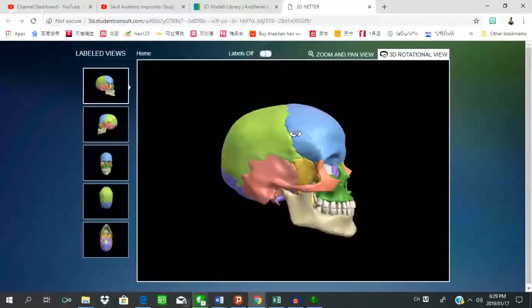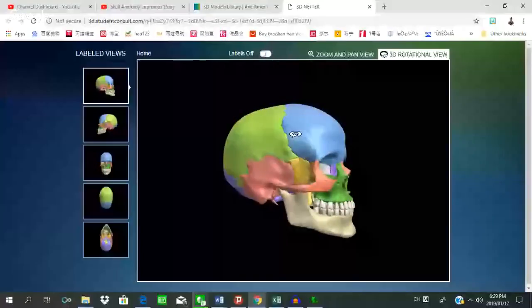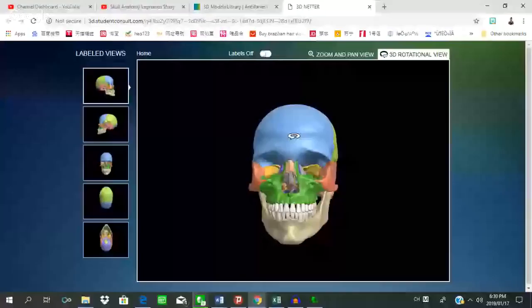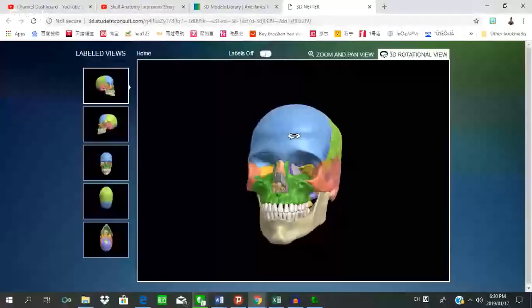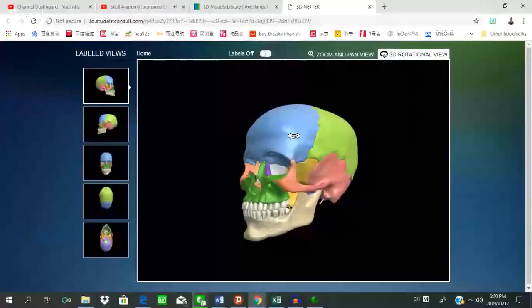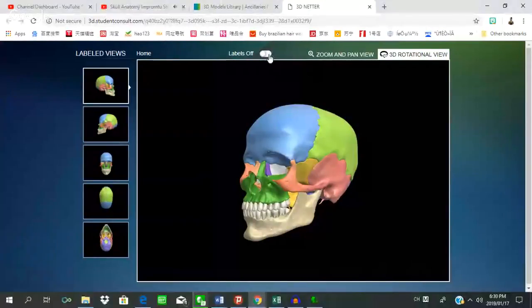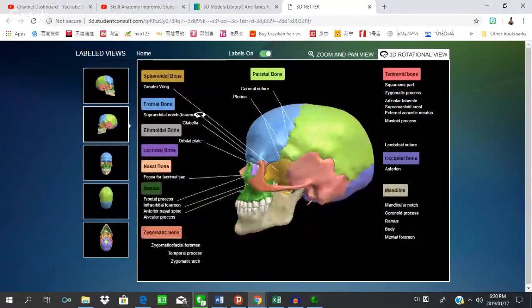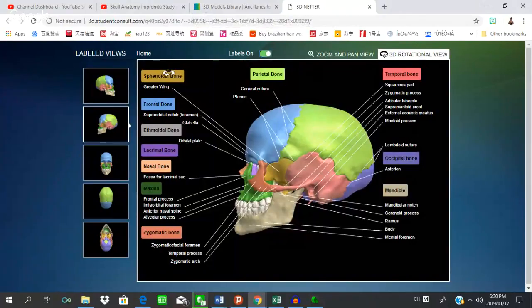Okay. This is quite exciting because the rotational view just gives a whole view of it. I'm trying to turn the label on because that's so much better when you have the labels on. You can learn it at first and get to understand all the bones at first.